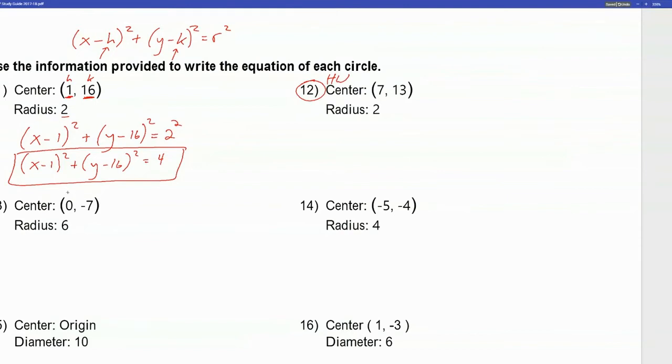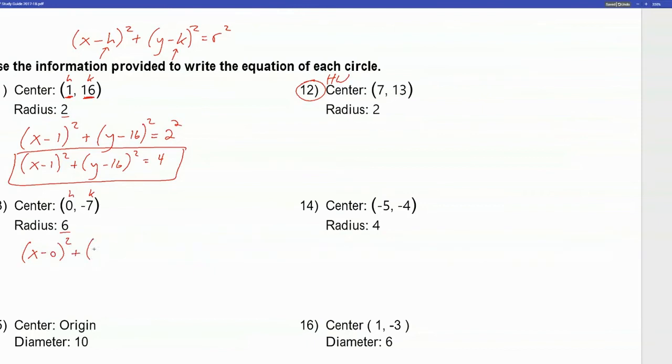So my h value is 0, my k value is negative 7, and my radius is 6. So I have x minus 0, which is really just x all by itself, right? Because 0, why bother? Now I'll go ahead and write it so you guys can see it. So again, x minus 0 squared plus, what's my k value?